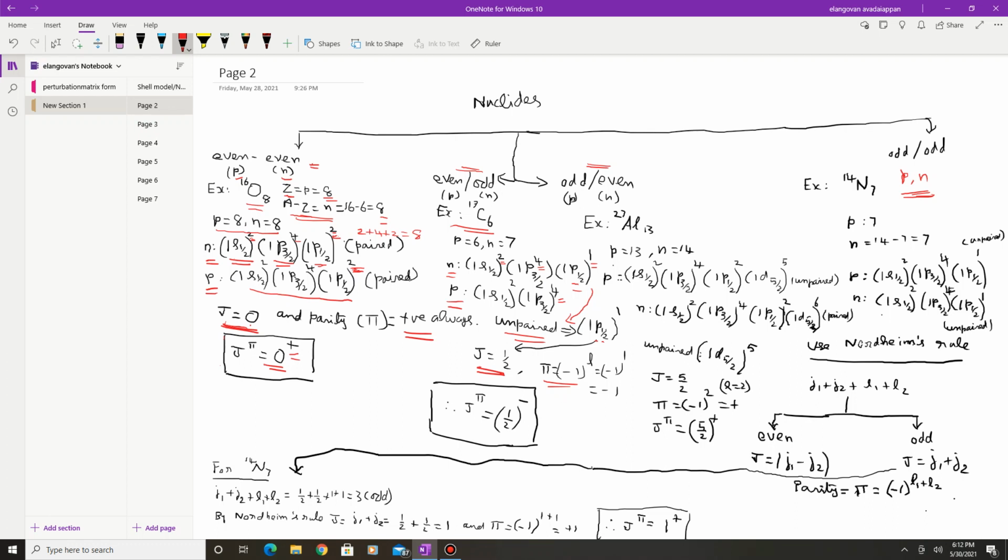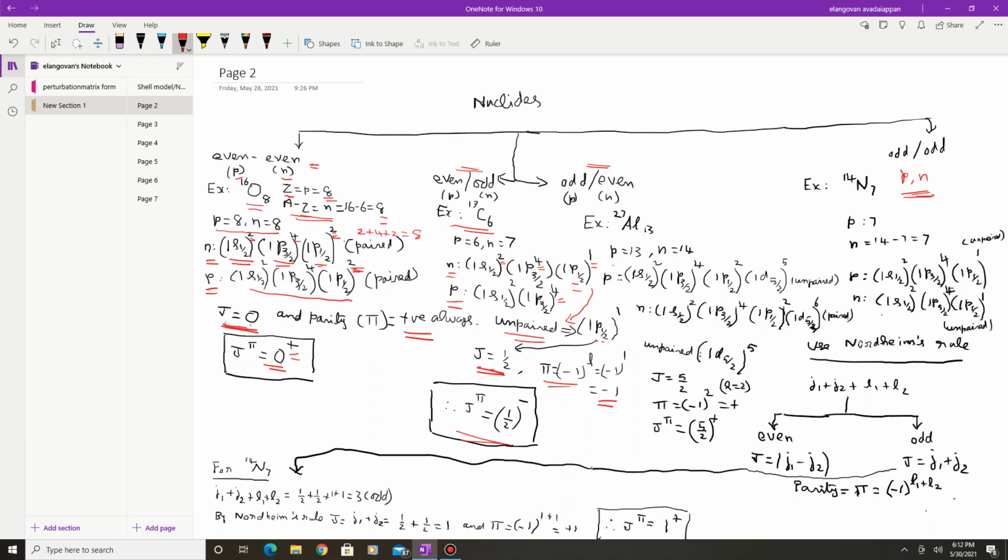This is a p state, therefore L is equal to 1. So (-1) to the power 1 is minus 1. Therefore the parity is negative. The angular momentum is 1/2, so J pi is 1/2 to the power minus.